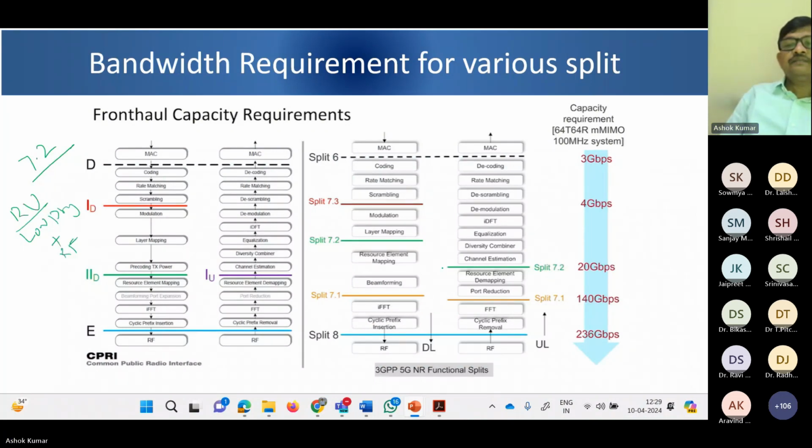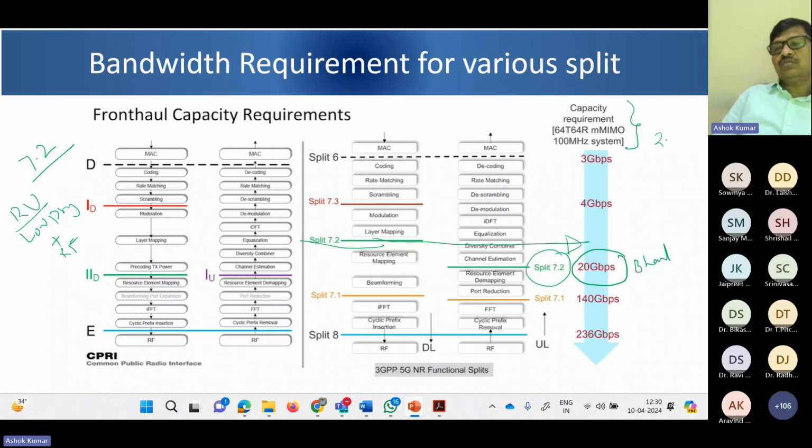So in the case of split 7.2, since I am handling only part of the physical layer at the RU itself, for whatever goes to the higher layers of the physical layer, I would require only 20 Gbps of backhaul to support this kind of configuration where overall throughput is 2 to 3 Gbps. So I need 20 Gbps of backhaul from each of the BTS sites.